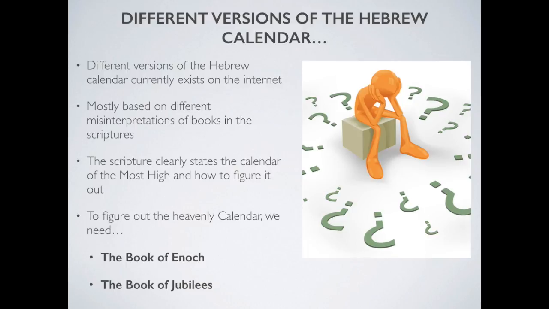So the calendar we'll be presenting to you is, like I said, we've seen a whole lot of people do different things. In fact, there's one particular group on the internet that I saw, and what they were doing is they want to find out the first day of the year, which is good. When you find out the first day of the year, because on the last day of the year, according to the book of Enoch, the last day of the year is the day you have equal night and equal day.